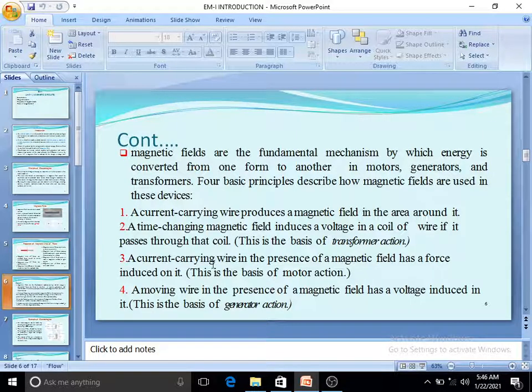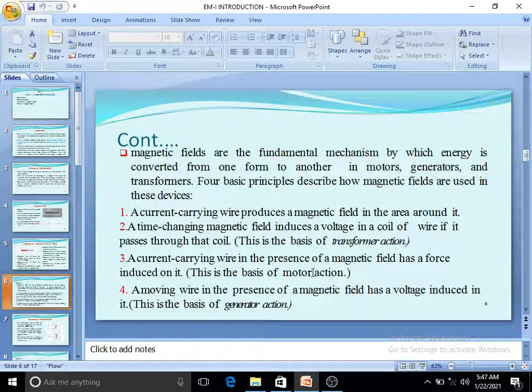So what about the third principle? A current-carrying wire in the presence of a magnetic field has a force induced on it. This is the function of motor action, right? Whenever you place a current-carrying conductor in a magnetic field, first you need to create an electromagnet.